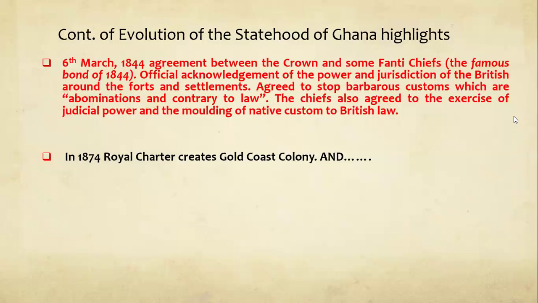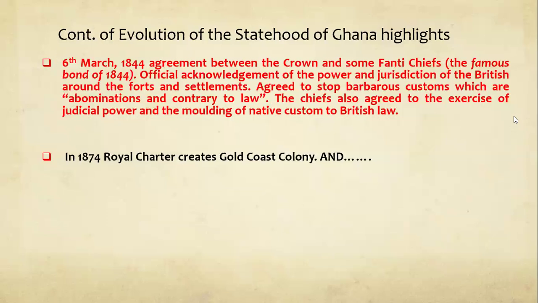Now, in 1874, a royal charter was passed to create what we call the Gold Coast colony. The Gold Coast colony. That's 1874. And this happened on 24th July.